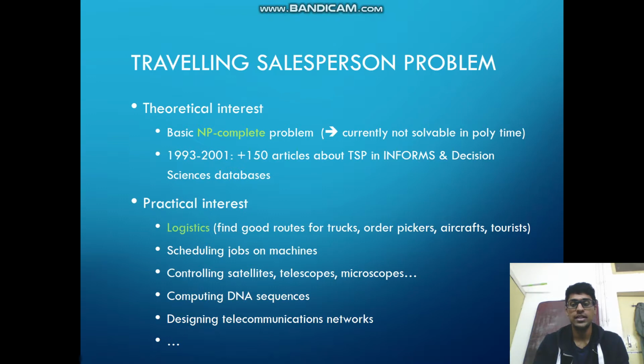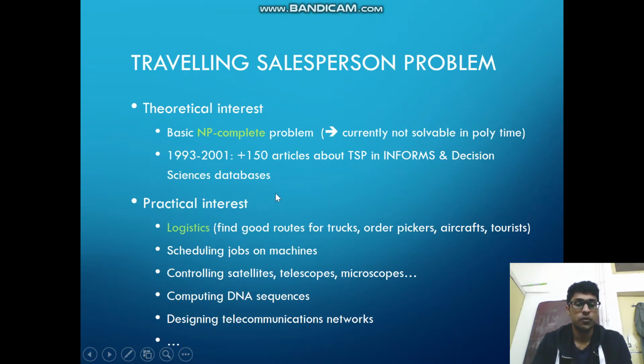The exact solutions take exponential time, and up till now there is no exact solution which runs in polynomial time. So that's why it's a hot topic in theoretical computer science, and there are 150 plus articles in the period of 93 to 2001 about TSP.